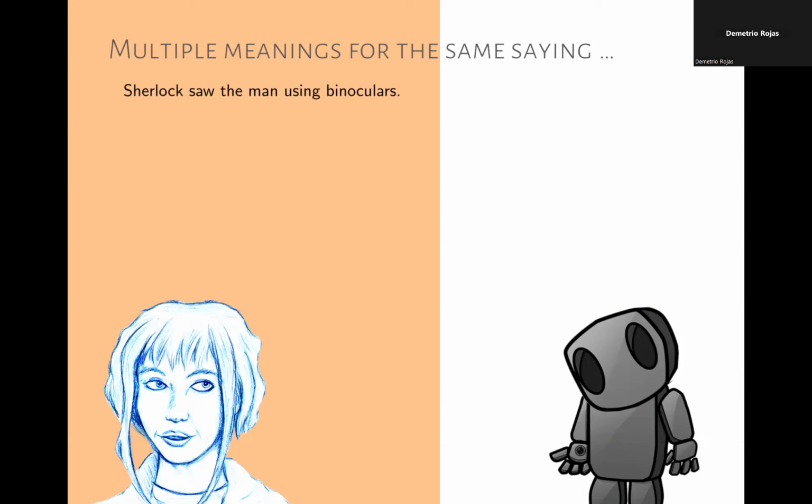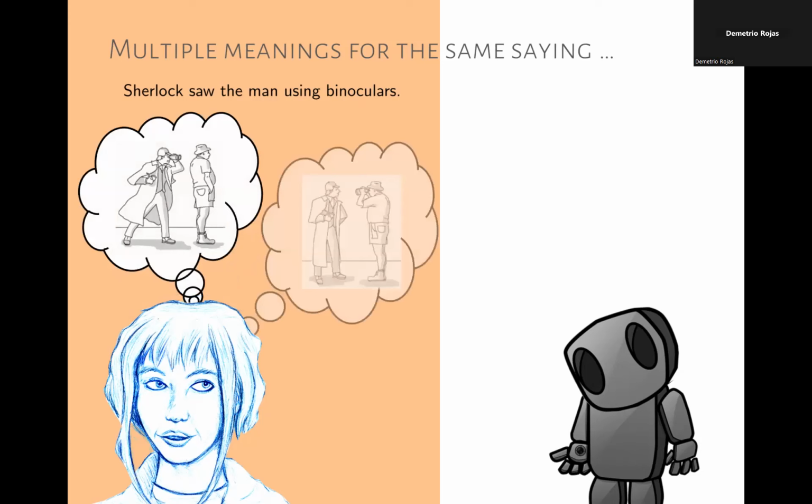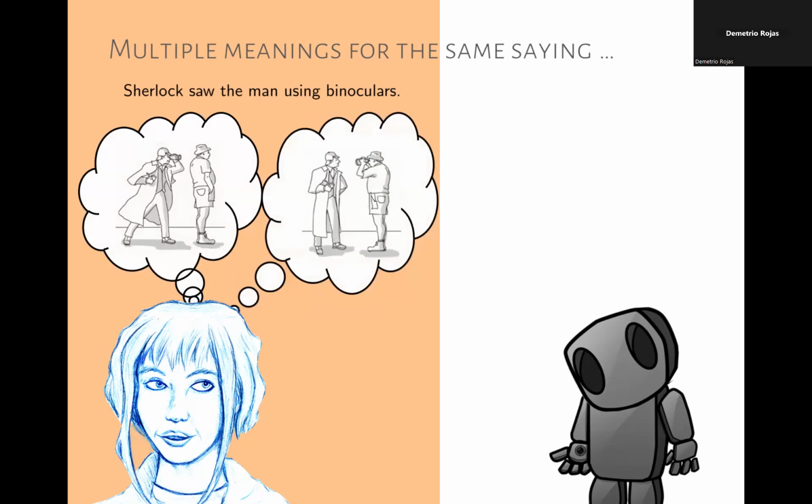Do you see the two meanings? Sherlock saw the man using Sherlock's binoculars, or Sherlock saw the man right there, and that man was using binoculars. So Sherlock was the one using the binoculars, or the man that Sherlock saw was the one using binoculars. So the machine's getting even more sad now.